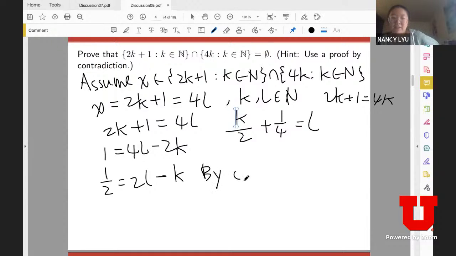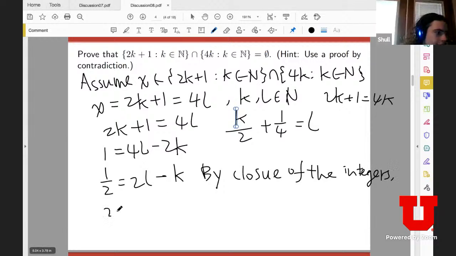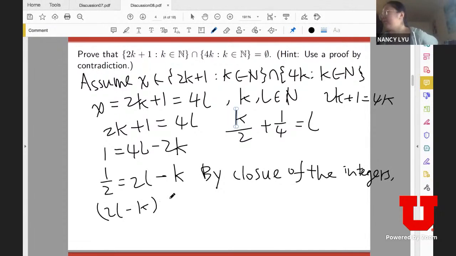So by closure of the integers, L minus k, the difference of two integers, must be an integer. And 1/2 is not an integer, which gives us a contradiction.